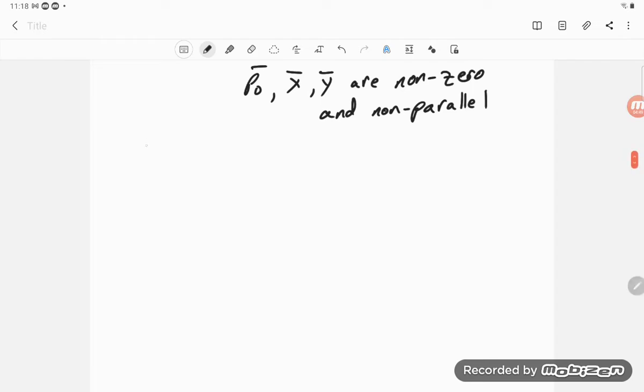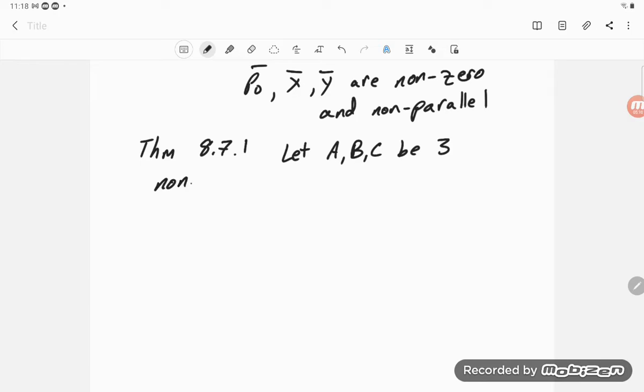Now, that gets us quickly to theorem 8.7.1. And this is our 3 points determine a plane theorem. So they say let A, B, C be 3 non-collinear points.